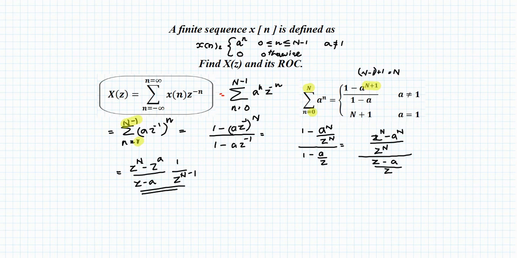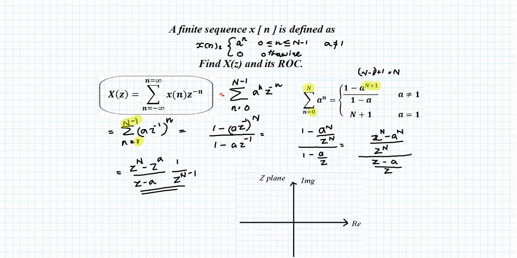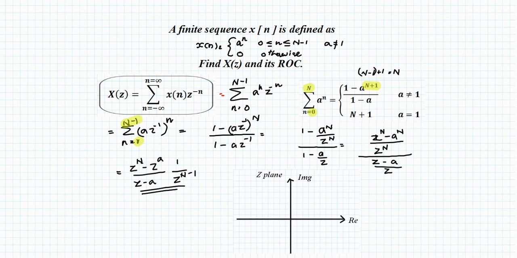Okay, and if you think about the ROC of the question, if you look at the denominator, there is one term z minus a and another term z raised to n minus 1.